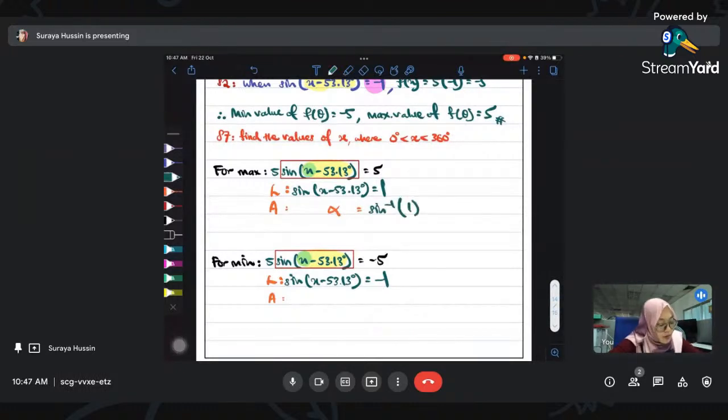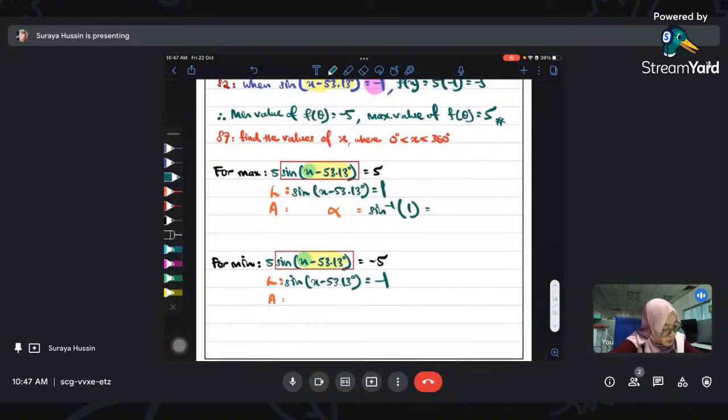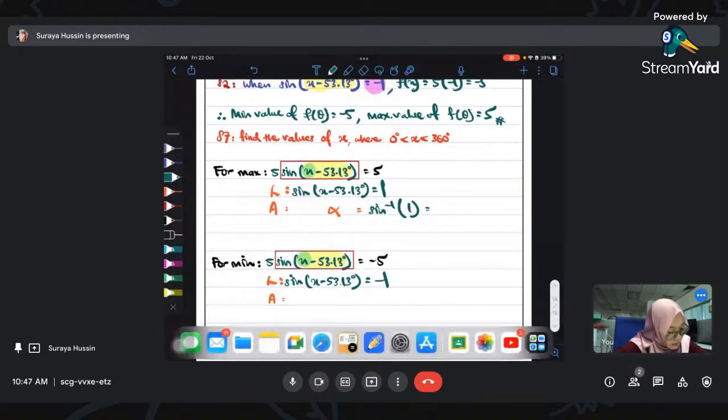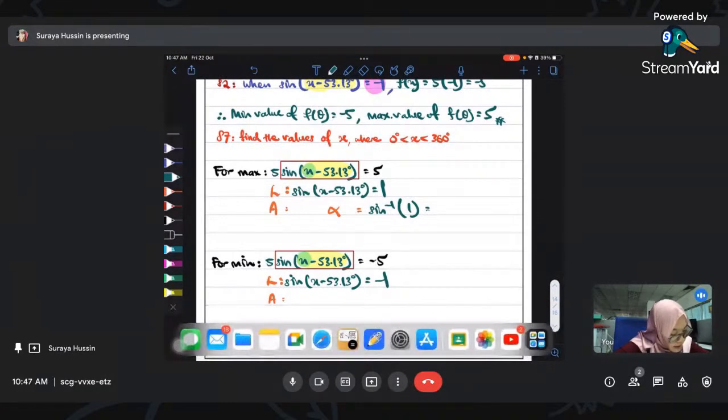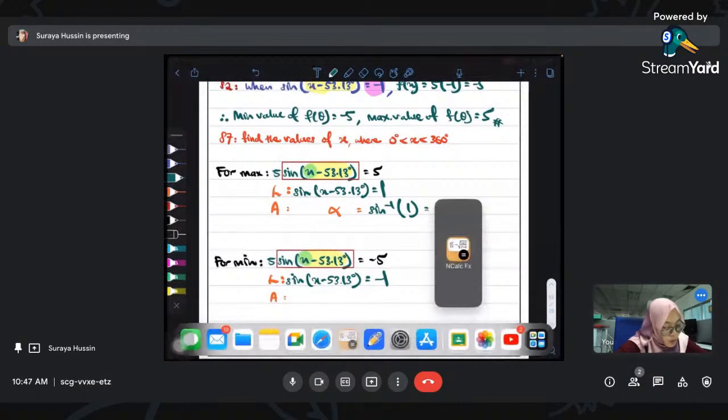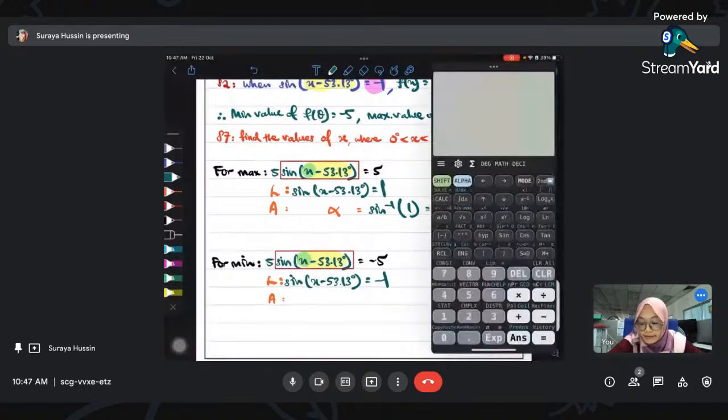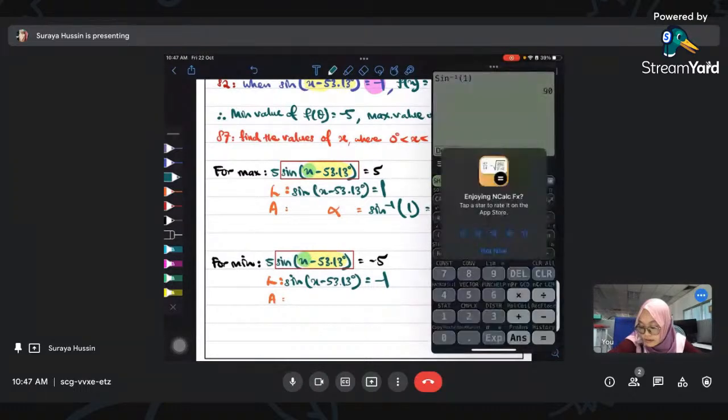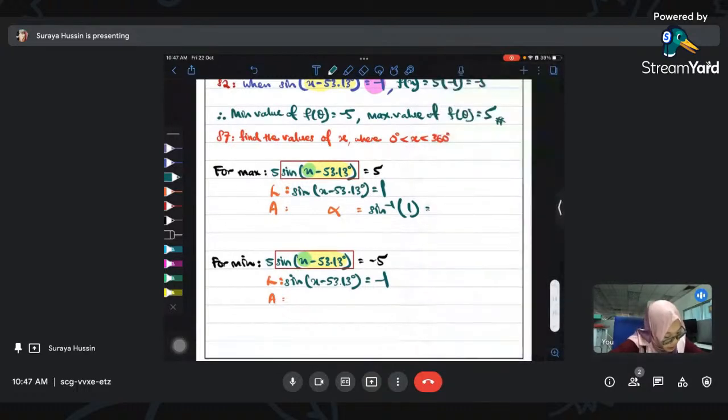But if you use calculator, let me use calculator. Shift sine 1 is equals to 90 degree, right? So you write it down, 90 degree.